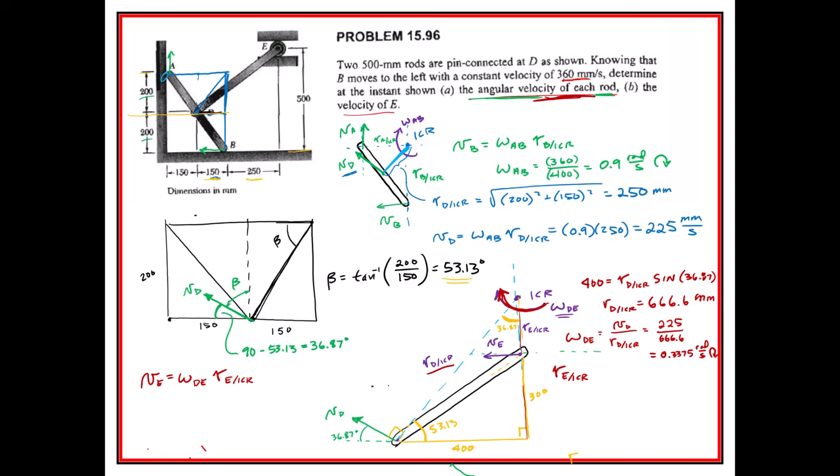I took 400, because I knew this, divided by the tangent of our 36.87 degrees, and then I subtracted out the 300. And I found that it was equal to 233.3 millimeters.